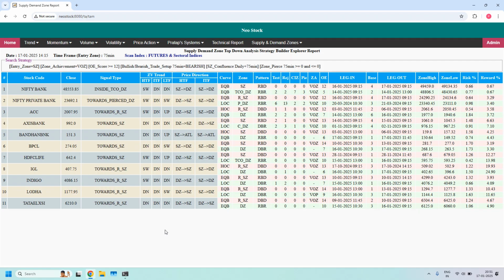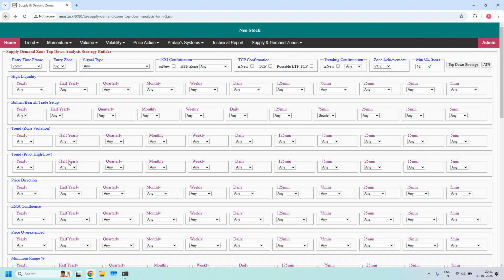Because the 75 minute supply zone is part of the daily supply zone, if the daily supply zone is having daily EMA confluence, those are even higher probability trade setup supported stocks. Let us verify out of these 11 how many EMA specific supported stocks are available on the daily time frame. Why daily? Because the 75 minute supply zone is part of the daily supply zone.